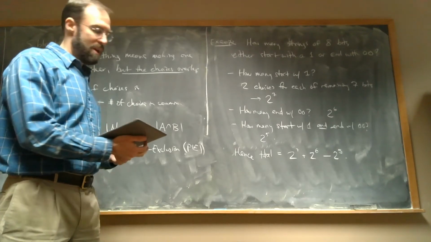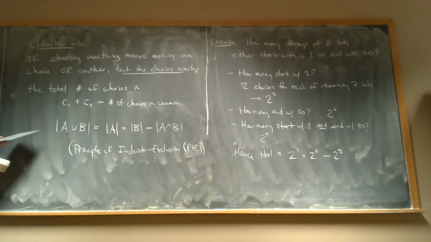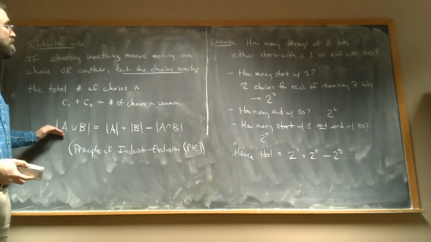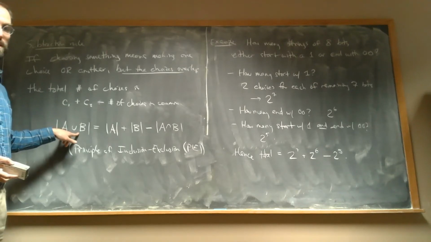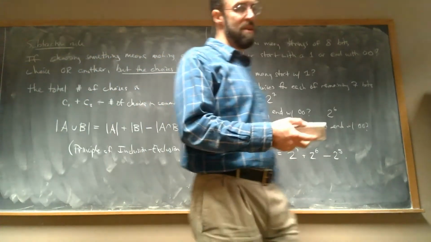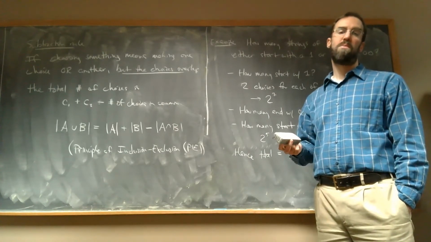I want to show you one more thing, so I'm going to leave this up. Here we have the subtraction rule if I have 2 sets. What if I have 3 sets? Remember we had the product rule, and we generalized it to work with any number of things.